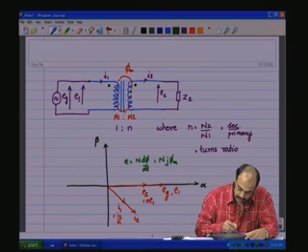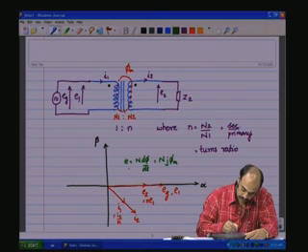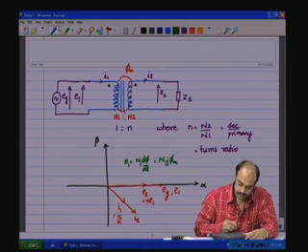Now, induced EMF E is in this direction, this is the E1 direction. If you are taking the induced EMF across the primary, E1 is N1 j phi m.